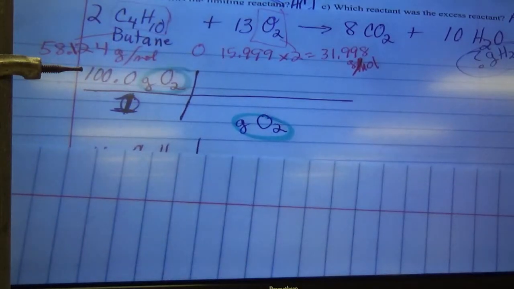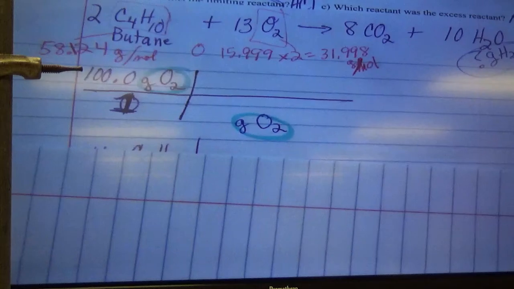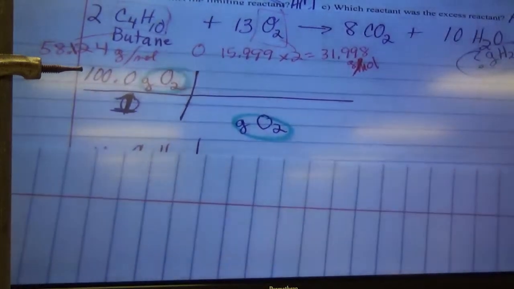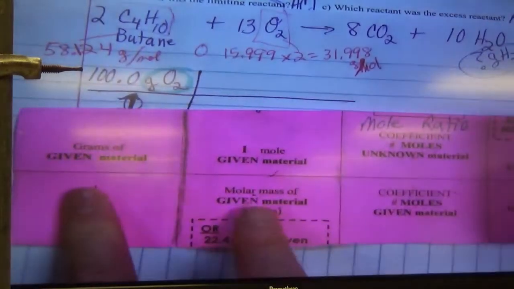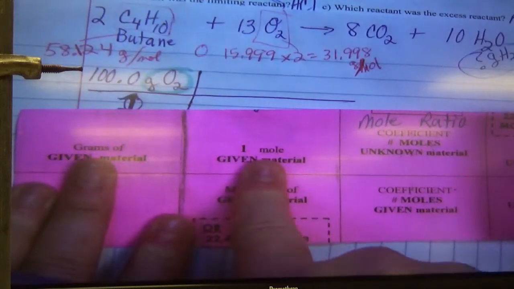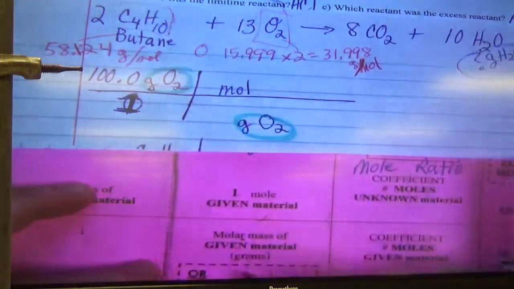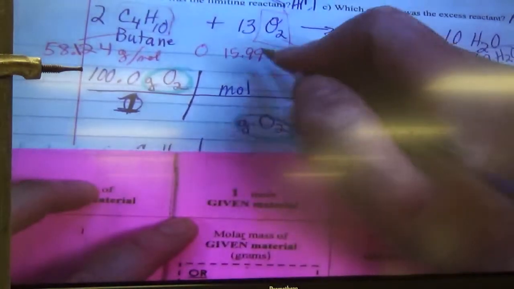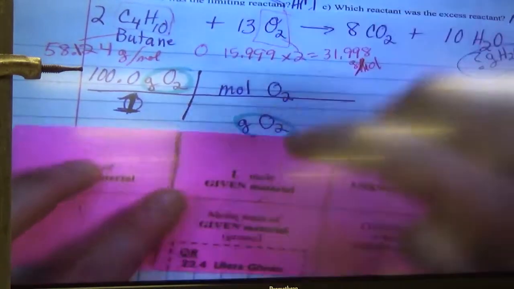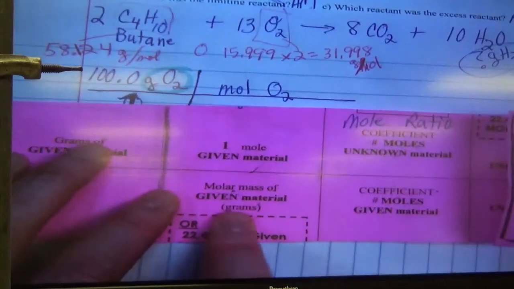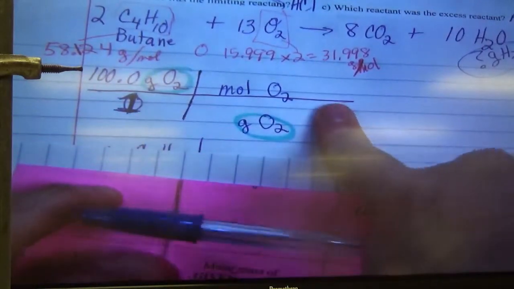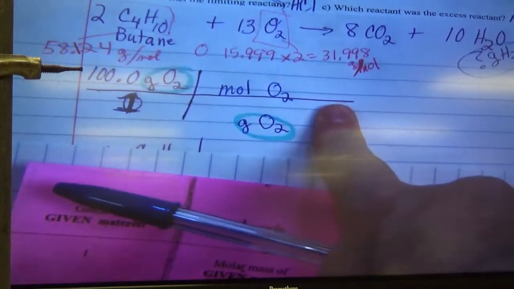If we follow the foldable, what goes on top of grams of given? It's going to be moles of given, isn't it? So we'll put moles, and the given this time is oxygen. Grams of given on bottom, moles of given on top. Any questions at this point?